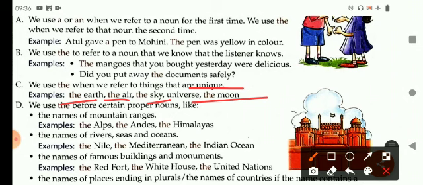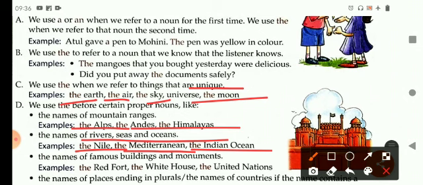The names of mountain ranges also, like the Alps, the Andes, the Himalayas, with the names of rivers, seas and oceans, like the Nile, the Mediterranean Sea, the Indian Ocean, with the names of famous buildings and monuments like the Red Fort, the White House, the United Nations.